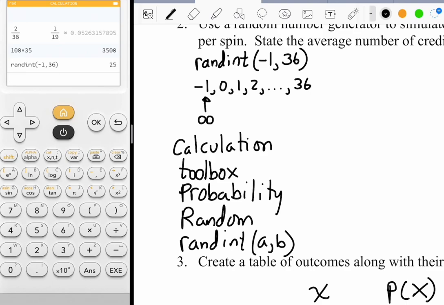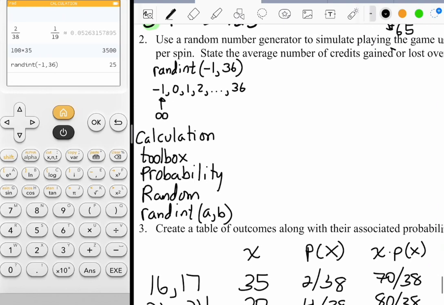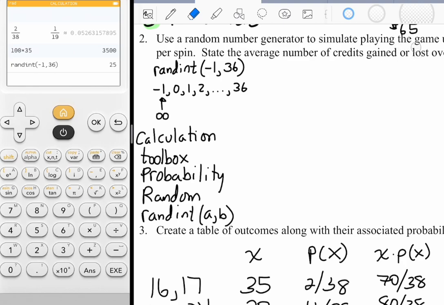I'm really just going tallies here. All right, I want to know how many times I get a number between -1 and 36 that's one of my special numbers. All right. So what I'm going to do here, because I did the whole spreadsheet and everything, it looked kind of cool. But for the sake of not going too crazy with this, I mean, 100 outcomes is going to take a while anyway.